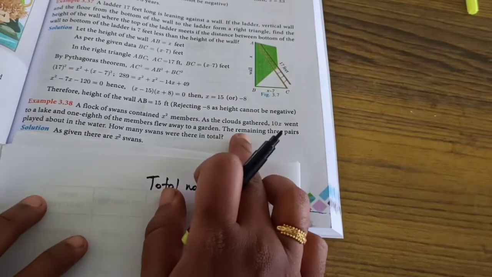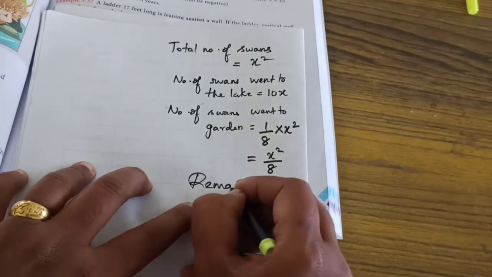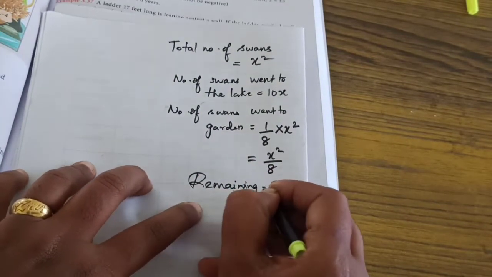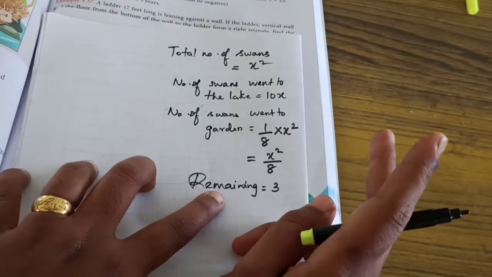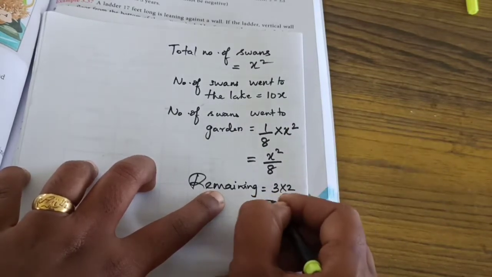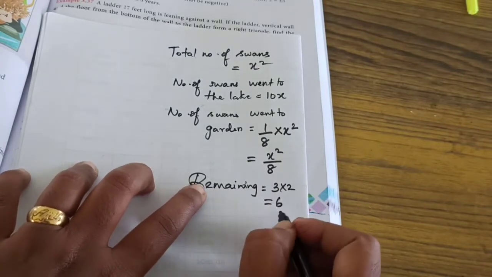Then the remaining 3 pairs. So how much remaining? 3 pairs. 1 pair means 2, 2 pairs means 4, 3 pairs means 6. Remaining 3 pairs, that means 6 swans.